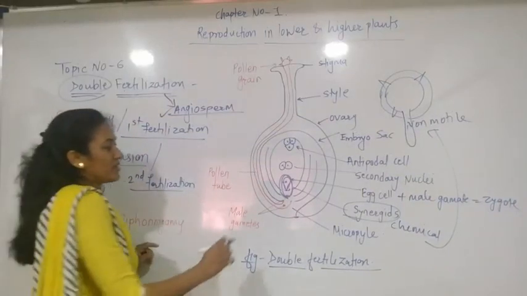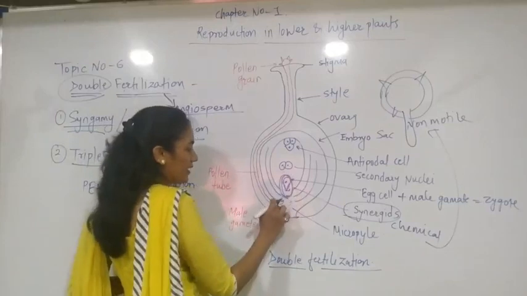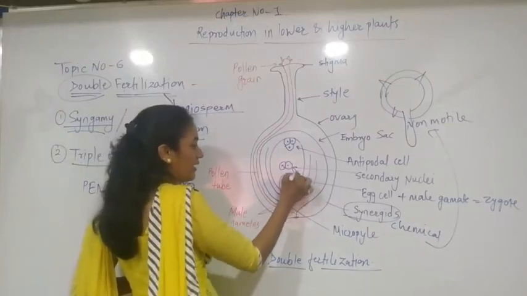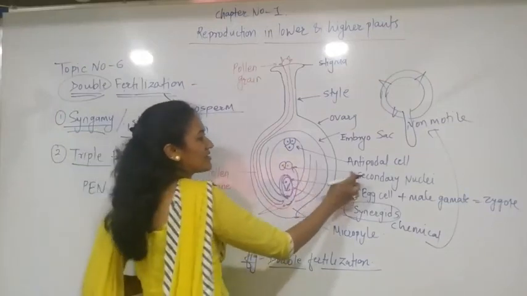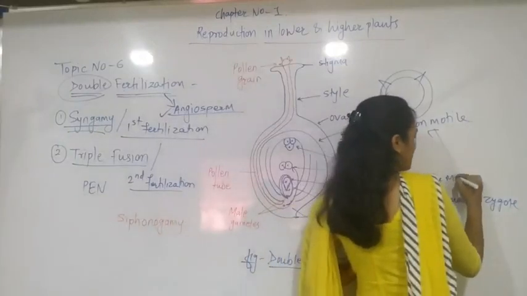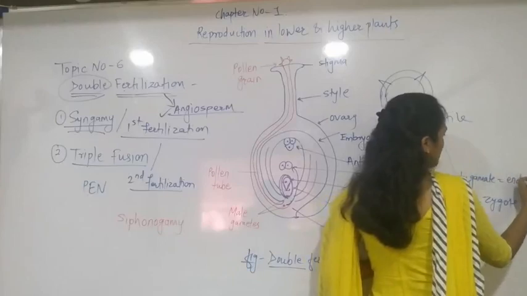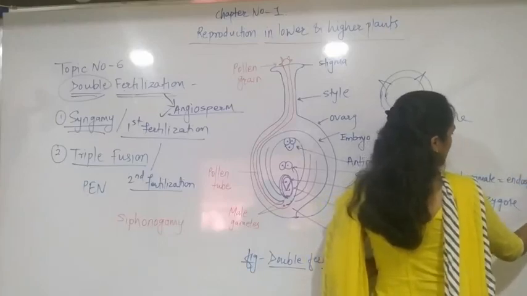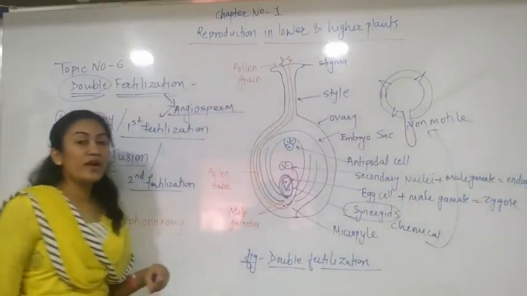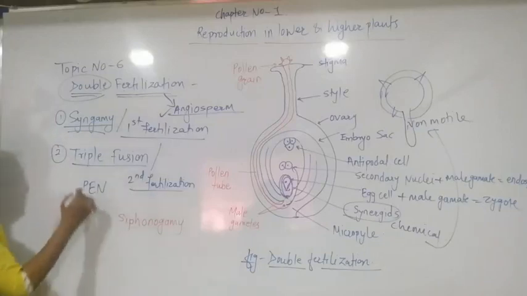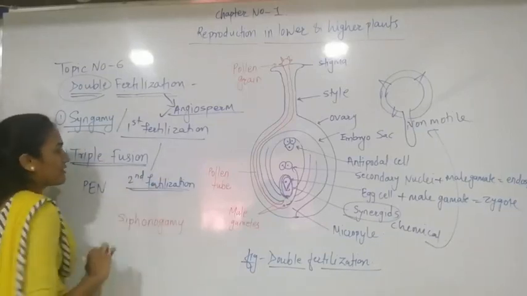After forming the zygote, the second male gamete fuses with the secondary nucleus to form endosperm, which provides nourishment, and this is called triple fusion or secondary fertilization.